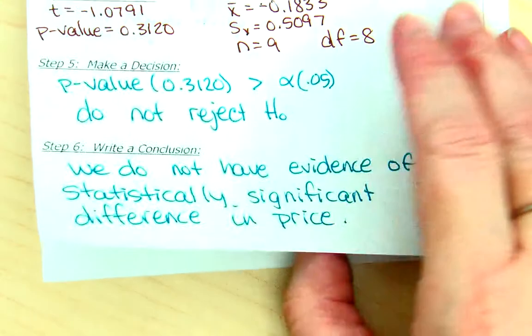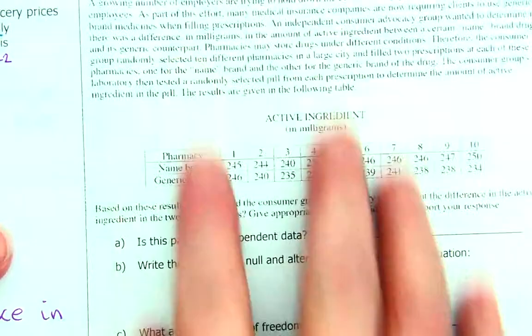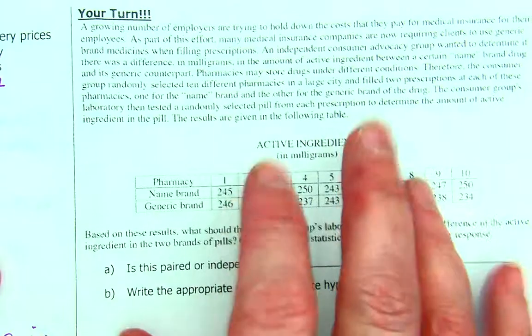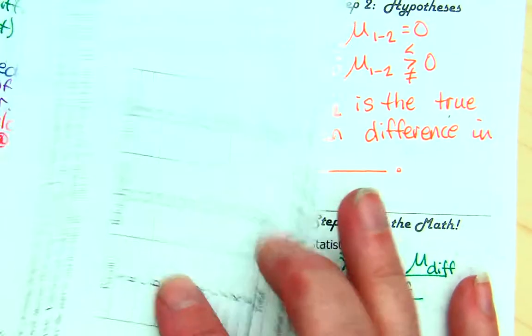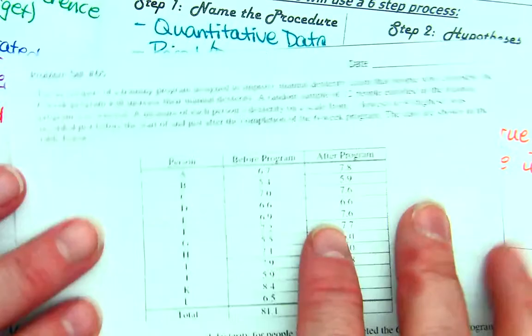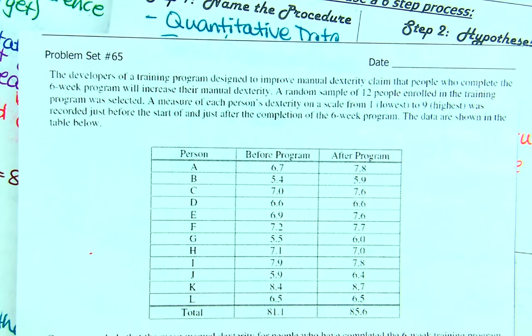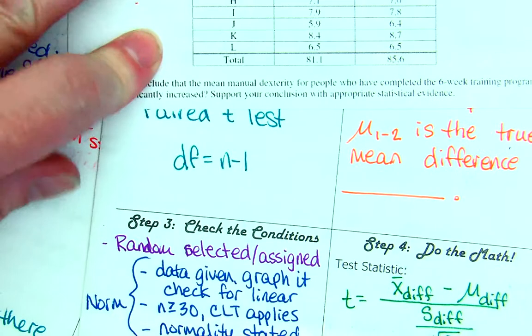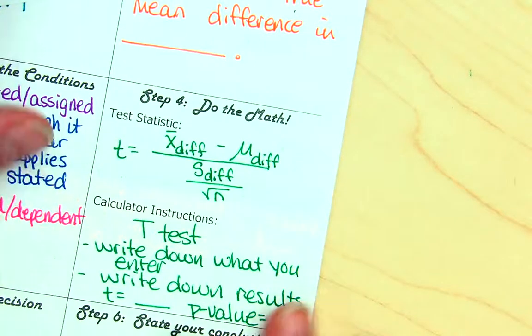Okay, so you have your two on-your-own problems from your notes, your turn on each one of these, and then you have your problem set. Those and the practice quiz are posted online, so that should give you plenty of practice for tomorrow's quiz. Remember, it's the same thing as the one sample t.